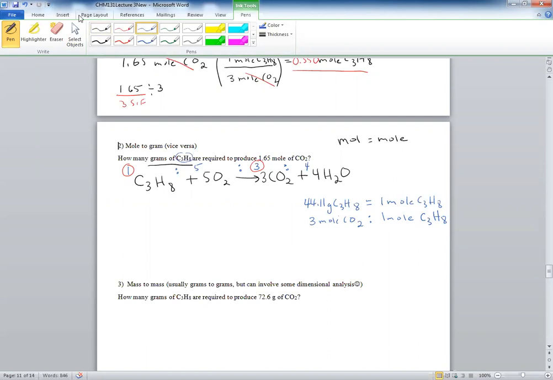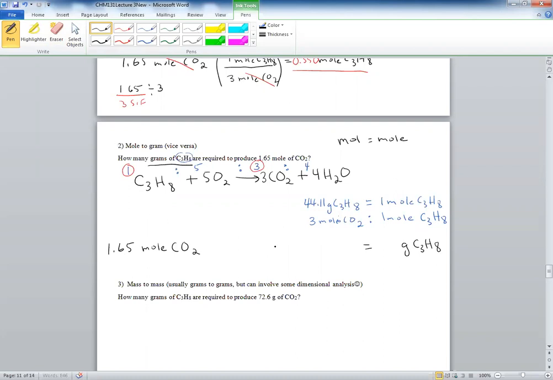So this is all the info that I need to calculate the grams of C3H8, 2 conversion factors. So I'm going to start with 1.65 moles, just like I did in the previous problem, and end with the grams of C3H8.